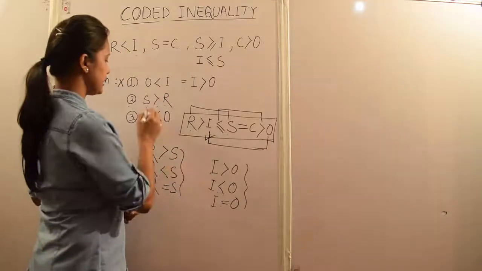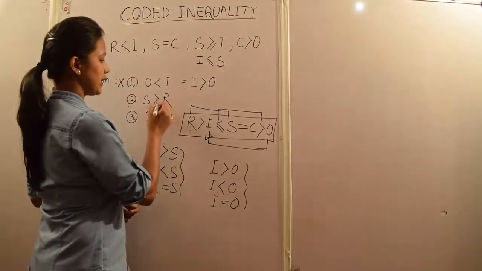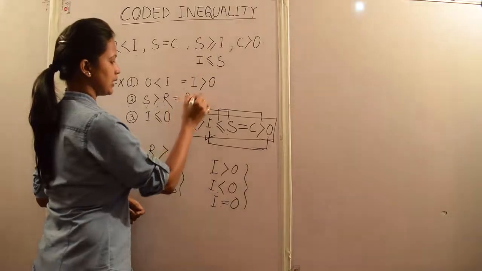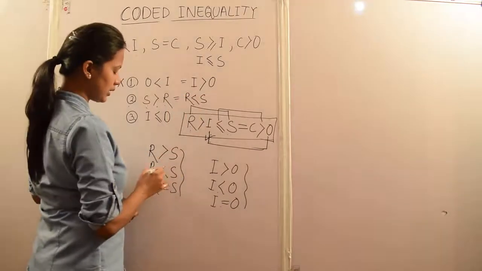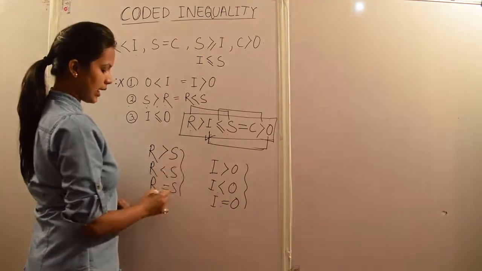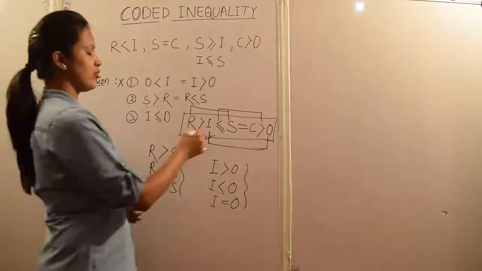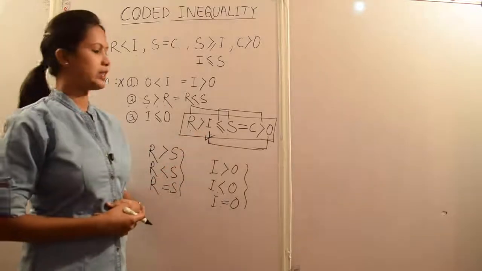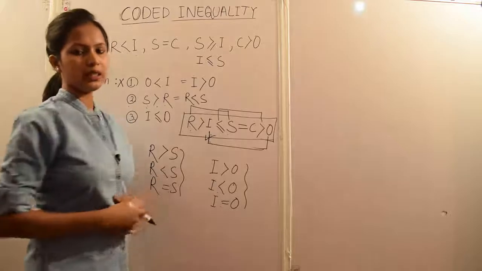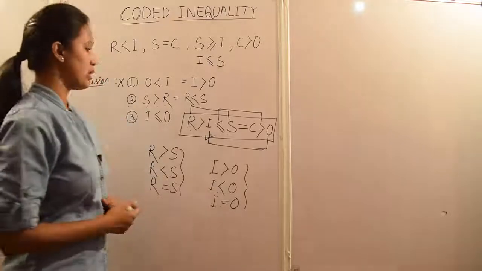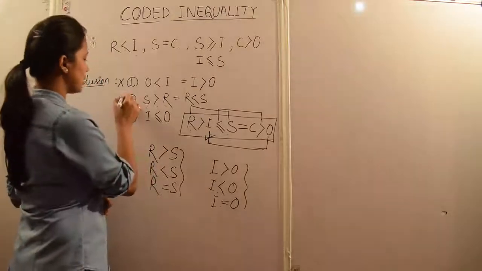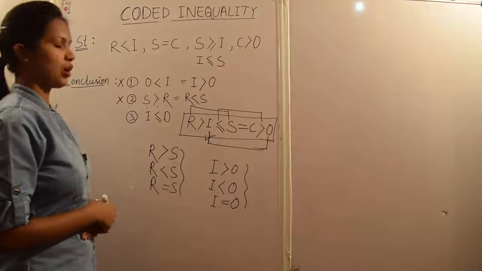But here it is given only S is greater than R, means R is less than S, but R is greater than S or R is equal to S is not given. That means if we find this type of inequalities between these variables, we cannot derive the conclusions. So here the second conclusion is also wrong.